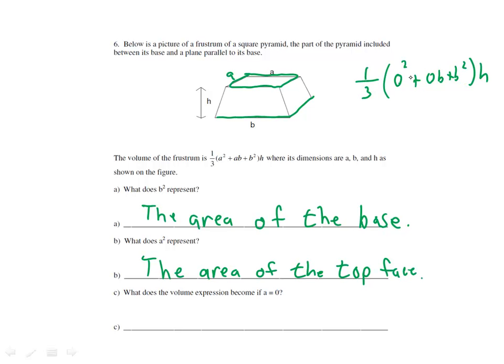Well, what happens here? 0 squared is 0. 0 times b is 0. So the only thing I got left from inside the parentheses is b squared. 1/3 b squared h. There it is, 1/3 b squared h.